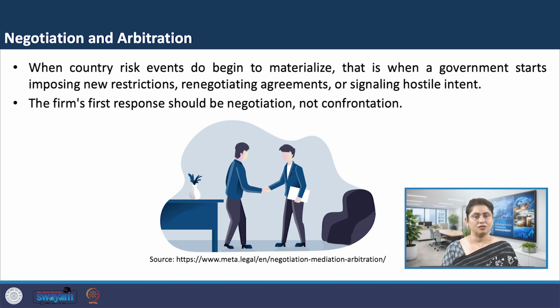When this happens, the firm's first and most important response should be negotiation, not confrontation. Negotiation, by contrast, keeps the conflict private, keeps the relationship alive, and preserves the possibility of a mutually acceptable outcome. This is always preferable, both for the firm and in most cases for the host country as well.